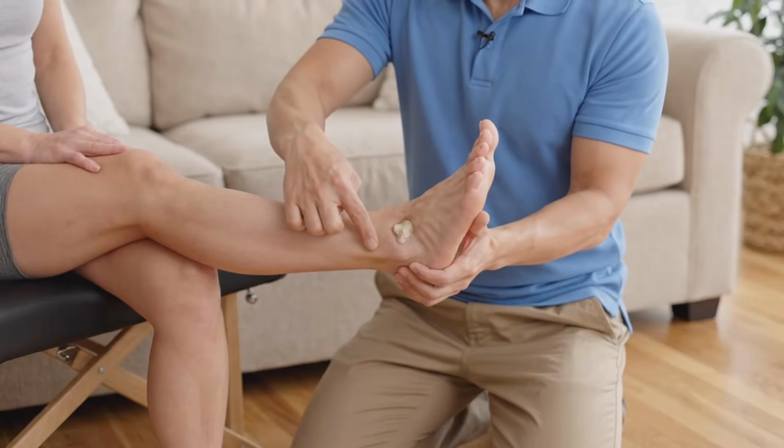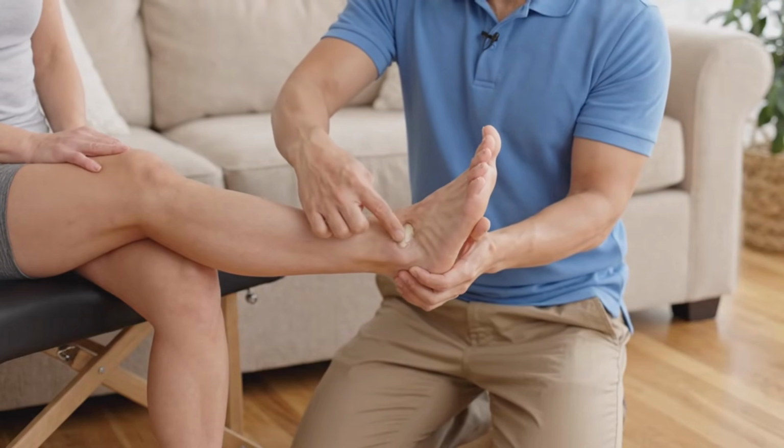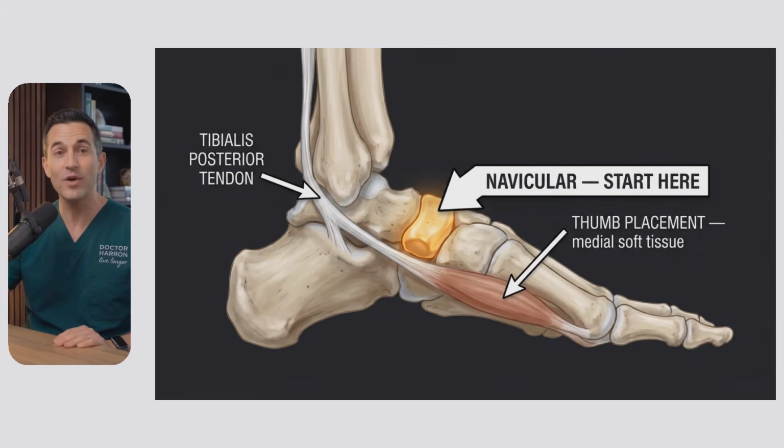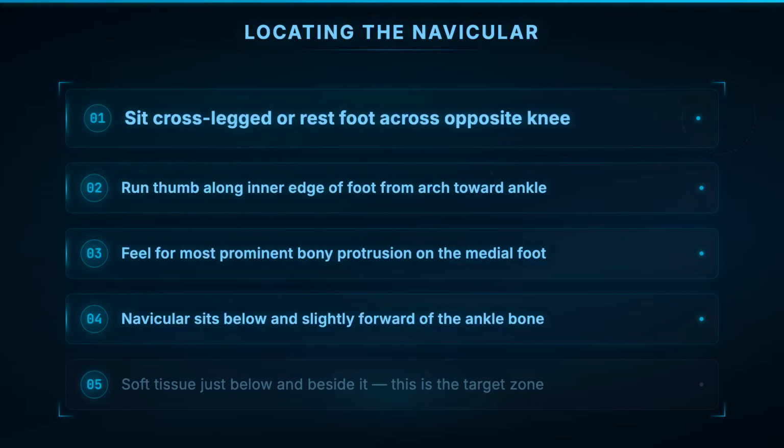So, find the inner ankle. On either foot, it doesn't matter for your first time. Run your thumb along the inner edge of your foot, moving from the arch toward the ankle. You will find a small prominent bone, the navicular, that protrudes slightly inward. It sits roughly in line with the inner ankle bone, but lower, closer to the arch.